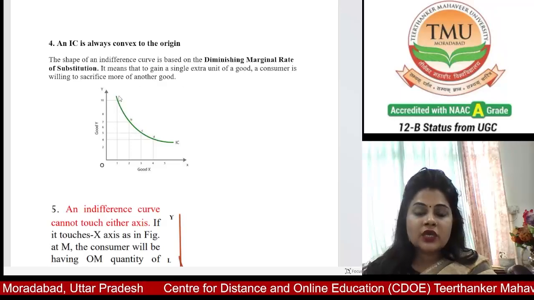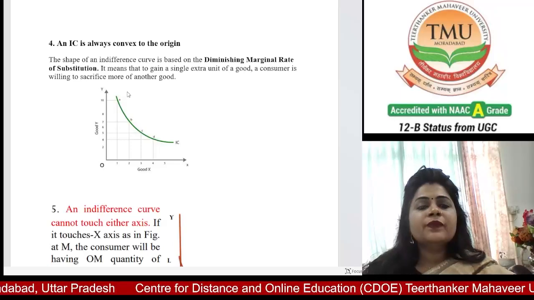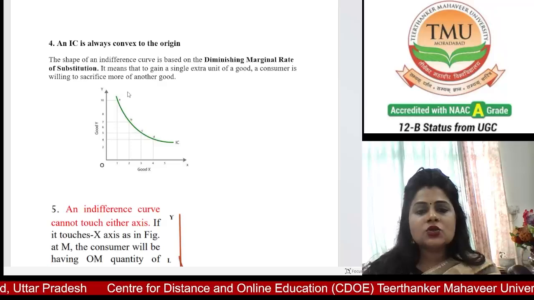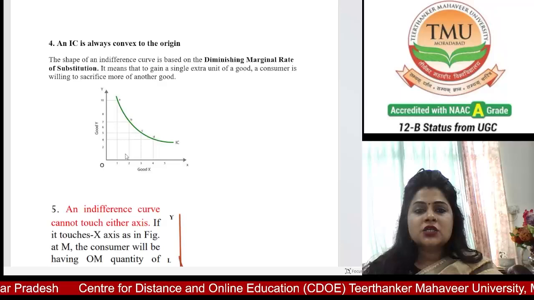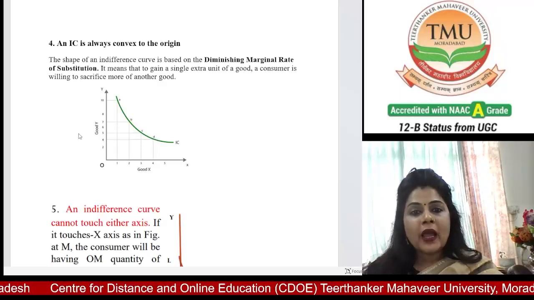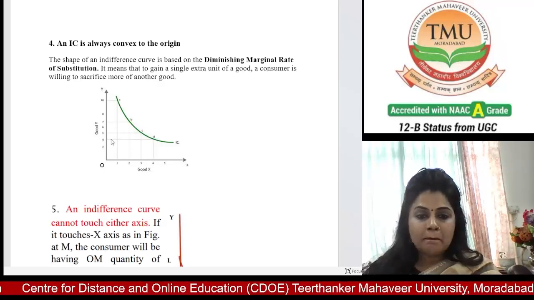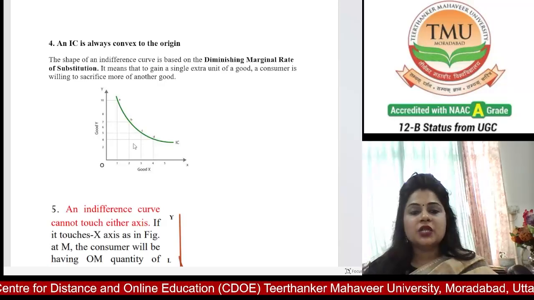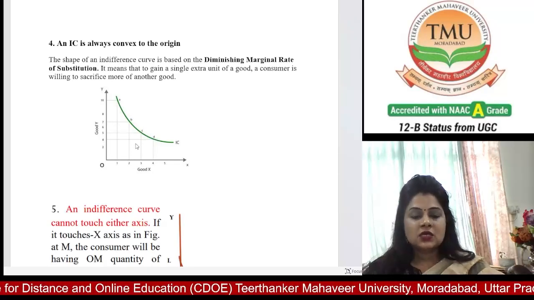So its slope is always downward. As in the example also given, to gain one more unit of X good, he or she is willing to sacrifice more units of the other good. So, the diminishing marginal rate of substitution gives a convex shape to an indifference curve.